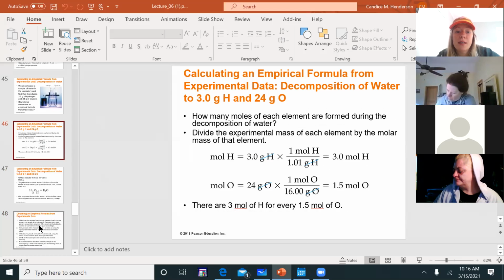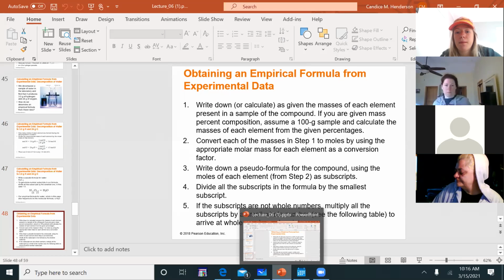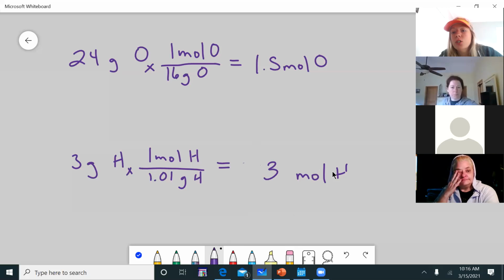So the next thing that you're going to do once you've converted into your moles is write down a pseudo formula for the compounds using the moles as each subscript. Because this ratio, I'm just going to change this to 3 because it's close enough to 3. This ratio is correct. It's 3 moles of hydrogen for every 1 mole of oxygen.